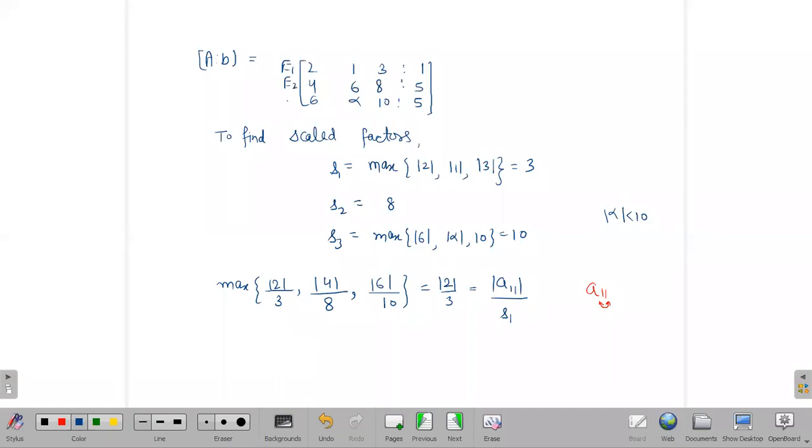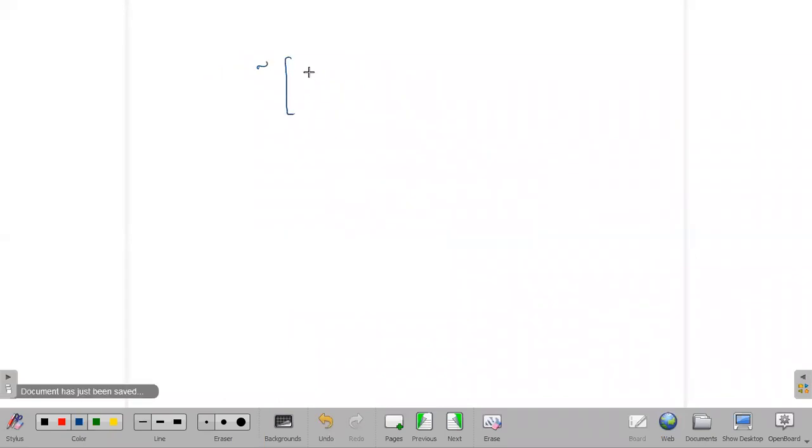This is E1, this is E2, this is E3. Apply the operation E2 minus, you can write 4 by 2 also, or I can directly write 2 into E1, and E3 minus 3 into E1. That will reduce the matrix into 2, 1, 3, 1, which will be as it is.